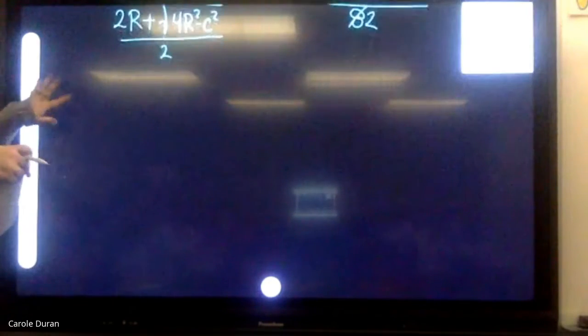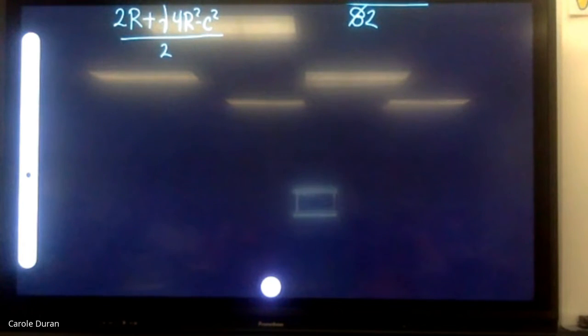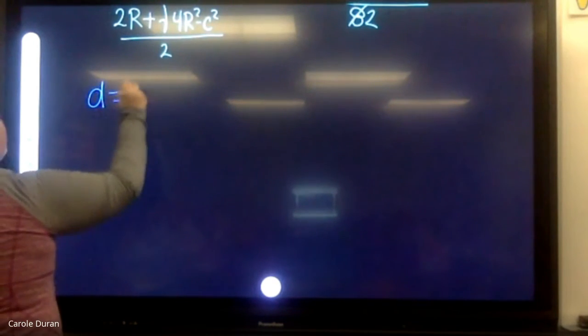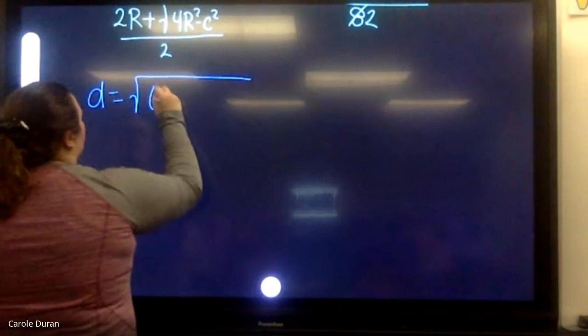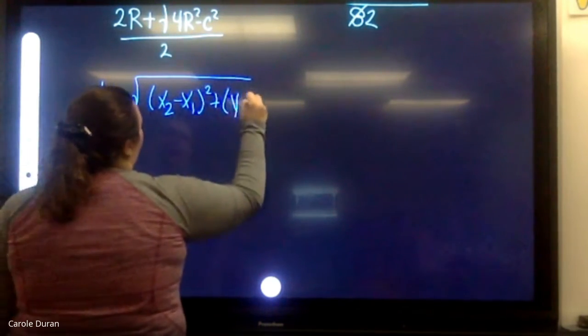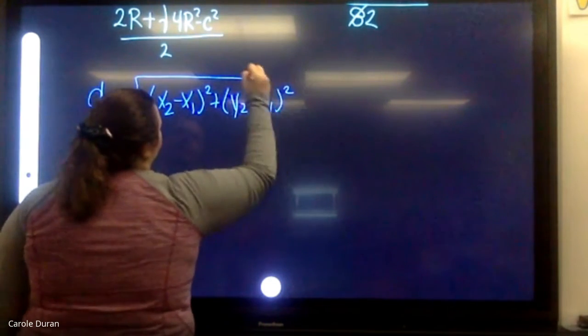Number 9 says, for what values of A is the distance between A1 and negative 2A less than 3? So what equation am I going to need for this one? The distance one. It tells me that the distance between any 2 points is equal to the square root of x2 minus x1 squared plus y2 minus y1 squared.